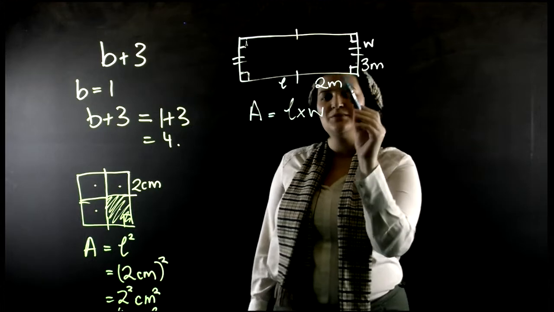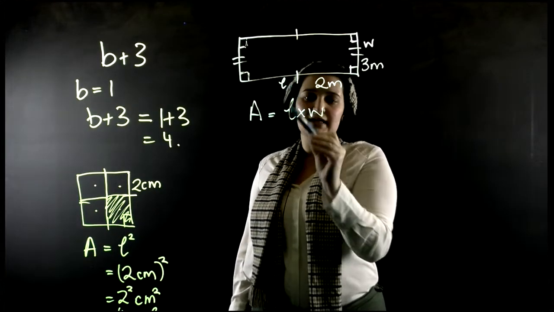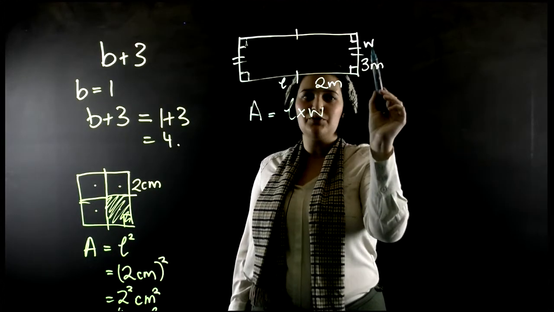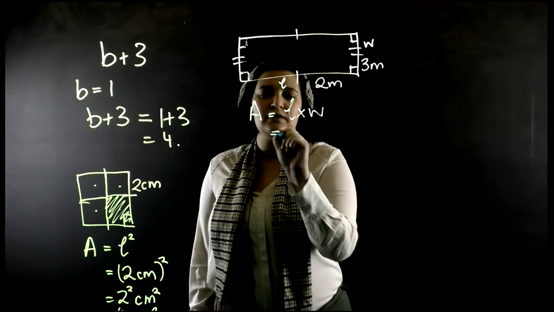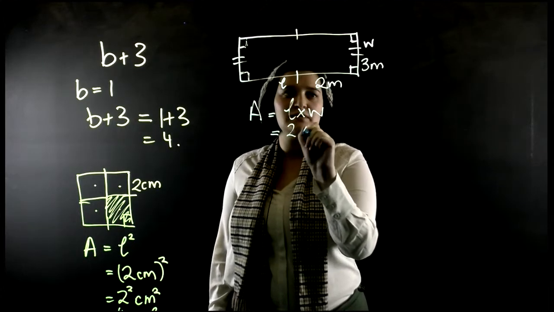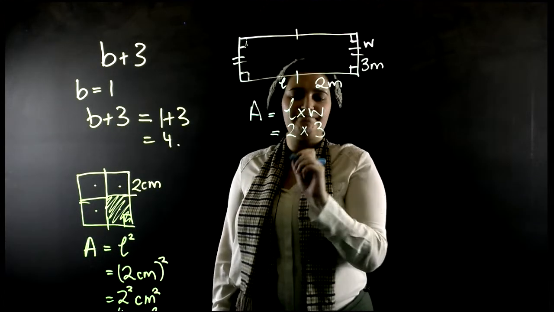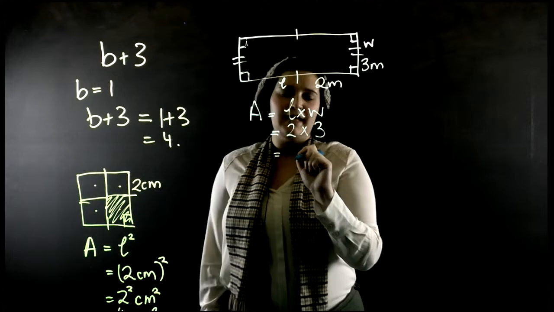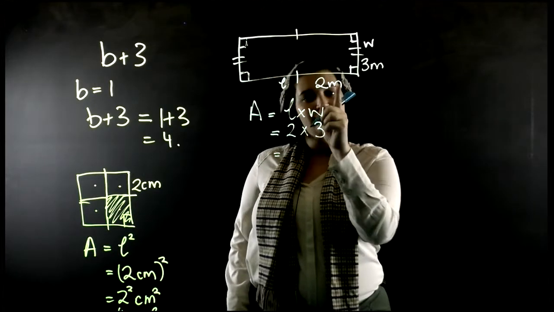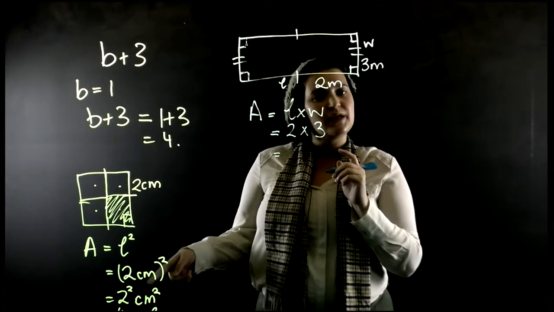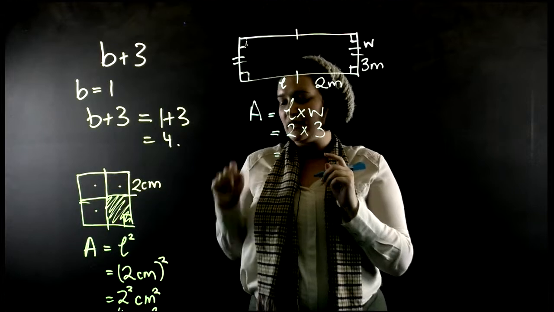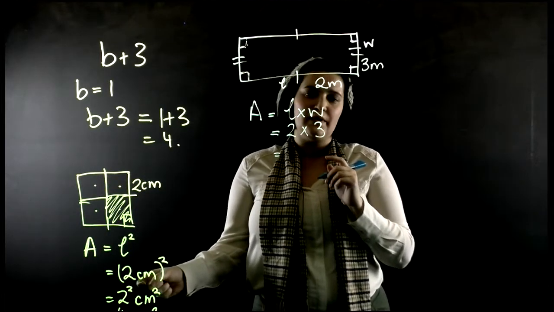And that means in my substitution, now wherever I see an L, I'm putting a 2. Wherever I see a W, I'm putting a 3. So this becomes 2 times 3. Now, what did we do differently here to here? When I substituted into the square formula, I substituted the units as well.